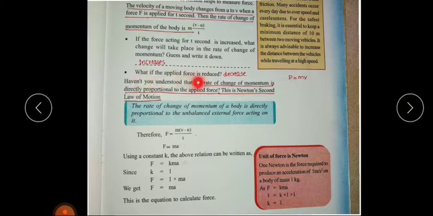What if the applied force is reduced? If the applied force is reduced, then the rate of change of momentum decreases. That means on increasing the force, the rate of change of momentum increases, and on decreasing the force, the rate of change of momentum also decreases.